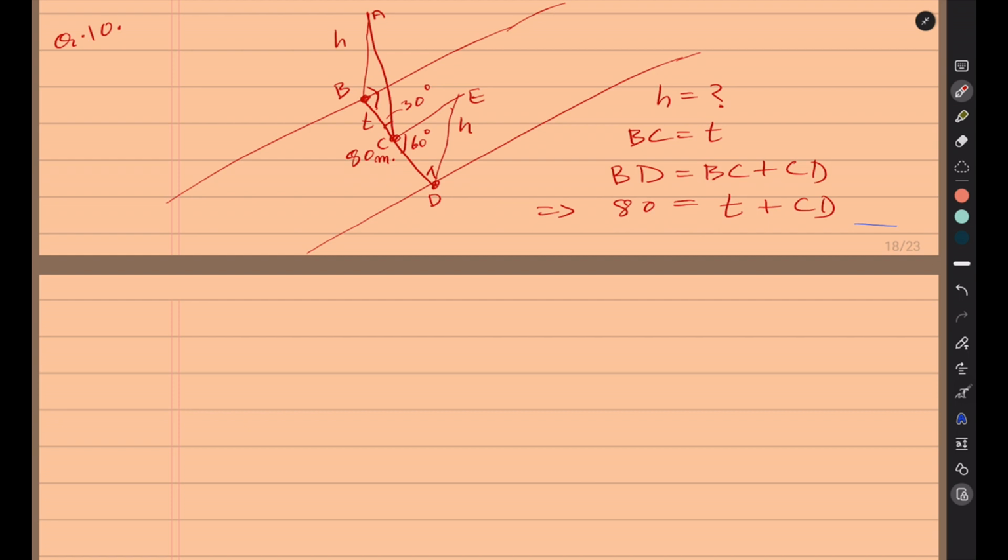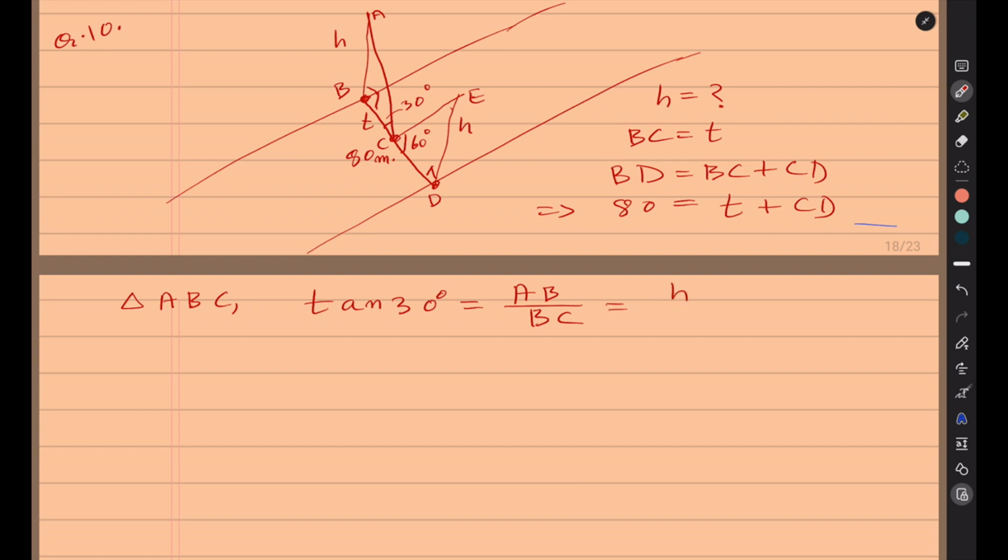So yeah, this is what we can do, no problem. And here again, basically we have two triangles. So for the triangle ABC, we can apply tan 30 degree is equal to how much? AB divided by BC, that is perpendicular divided by base, which is the basic definition of tan.